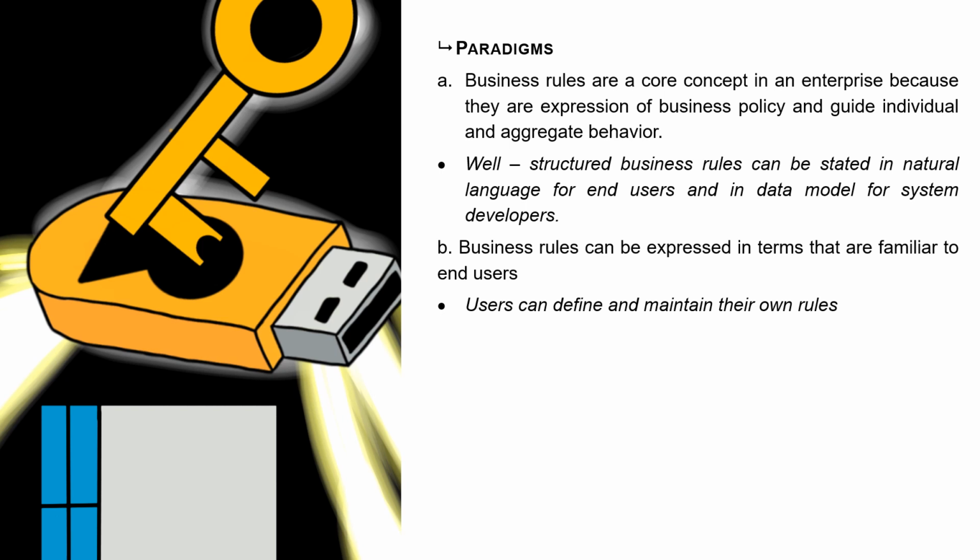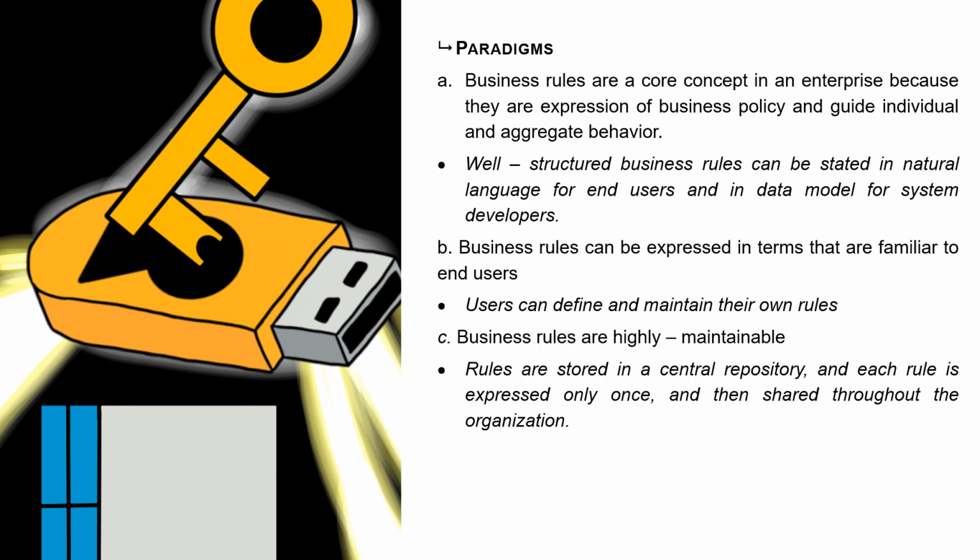The business rules can be expressed in terms that are familiar to the end users, so the users can define and maintain their own rules. The business rules are highly maintainable, meaning the rules are stored in a central repository and each rule is expressed only once and then shared throughout the organization.